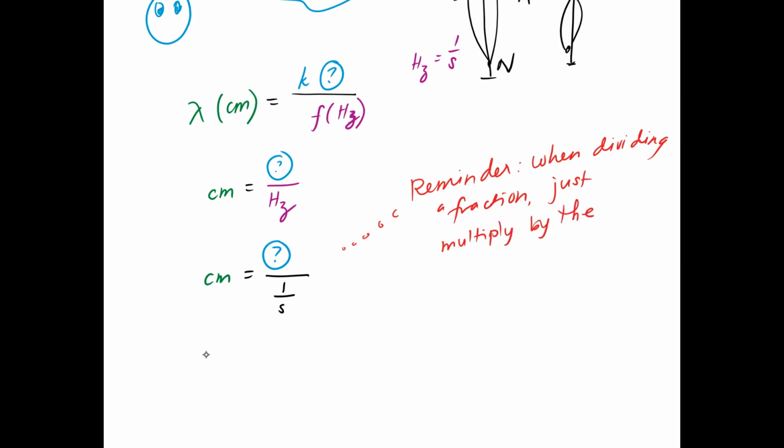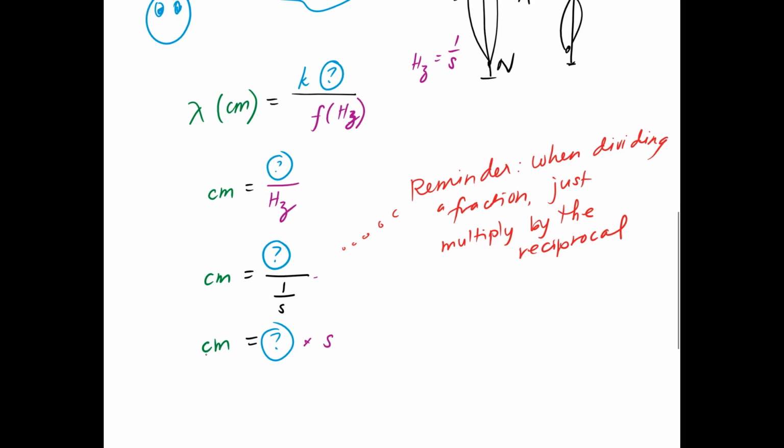So centimeters is equal to our mysterious unit that we don't know, but instead of divide, we're going to multiply by the reciprocal, so it'd be s over 1. Or since it's s over 1, it would just be s.